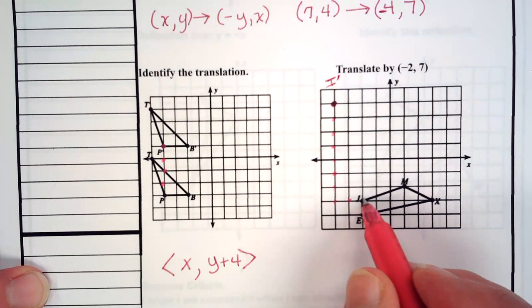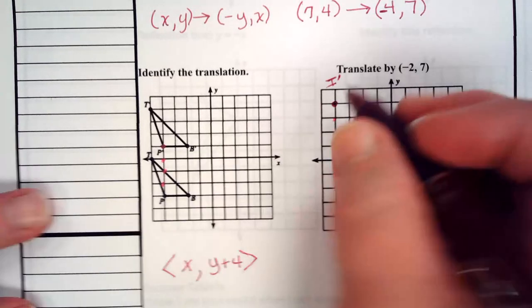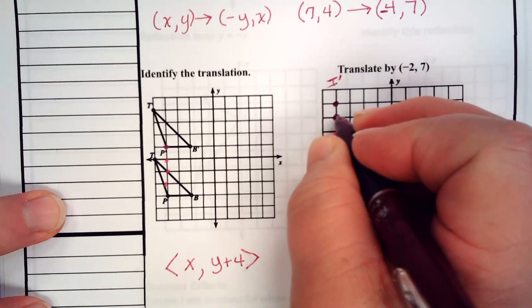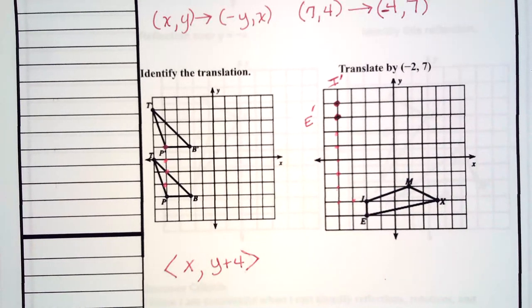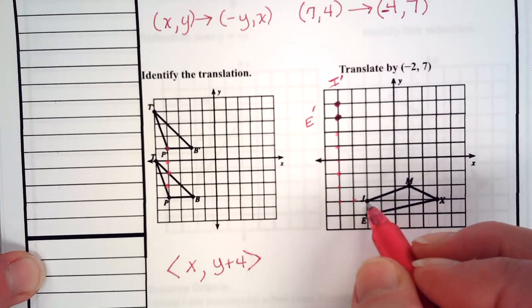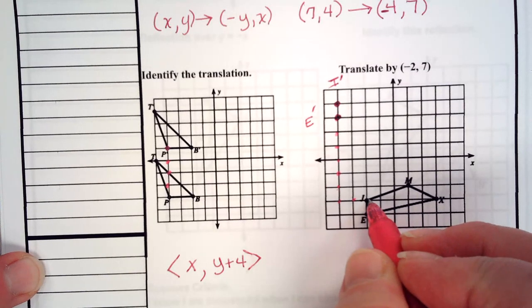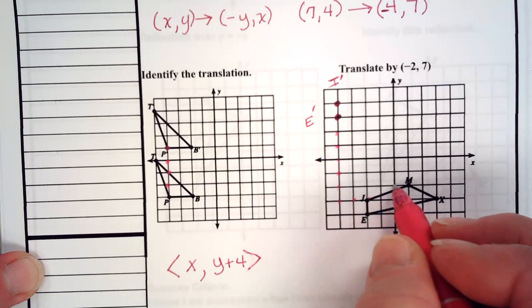Now, I can easily find E prime because it is directly below and it's just one box below. Now, I'm going to count for M again, or I could just look. Once I find one point, I can find them all. This is up 1 and right 3.